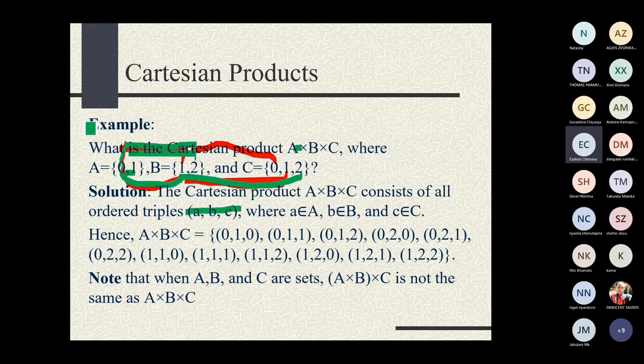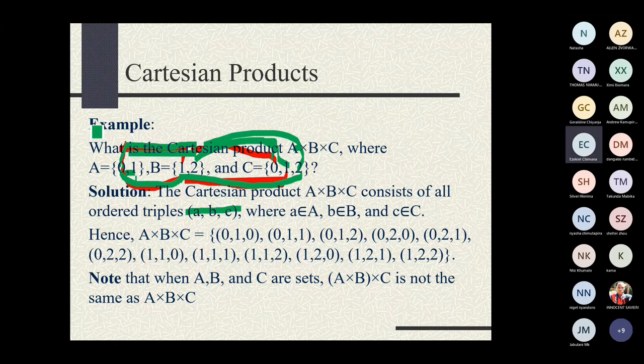So you have 0, 2, 0, and after that 0, 2, 1, pairing with 0, then 1, then 2: 0, 2, 1, 0, 2, 2. And after that, you move on to the next element in A.